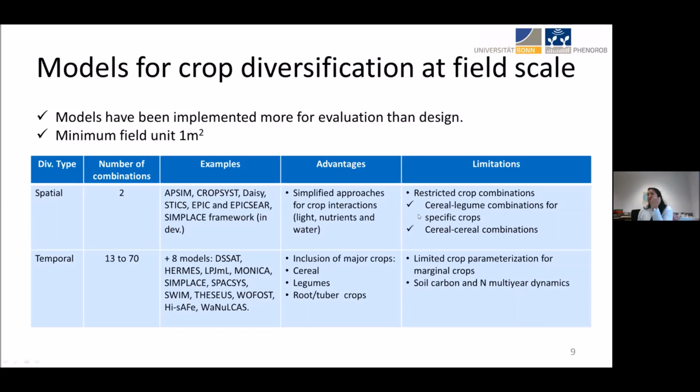These combinations are for the more common crop combinations that you can find within intercropping systems. As for temporal, there are many more crops available, typically between 13 to 70 crops.